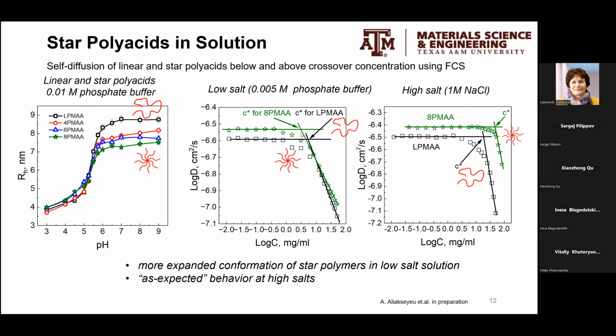As we go to the semi-dilute solution, there is a pronounced and well-known kink in the diffusion coefficient calculated from FCS. And you can see at low salt concentration that the data are quite surprising. If you think about the more compact structure of the star, C star should be higher, but here you see the inverse trend. The C star for the linear is higher. And this was a big surprise.